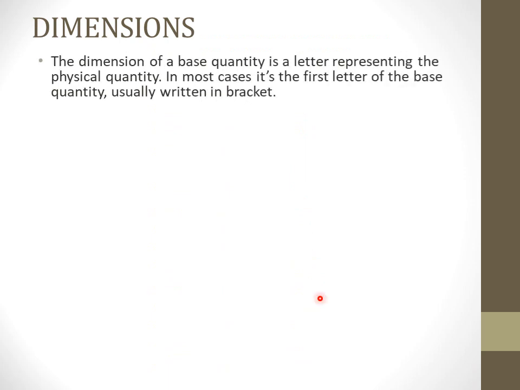Now we will look at dimensions. The dimension of a base quantity is a letter representing the physical quantity. In most cases, it is the first letter of the base quantity, usually written in brackets. We look at base quantities and derived quantities.